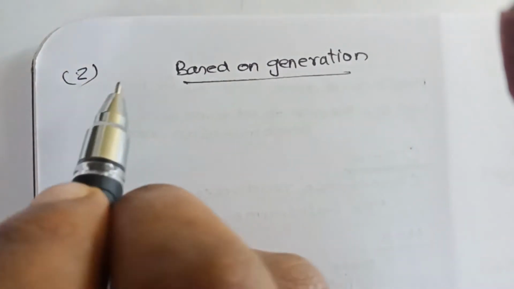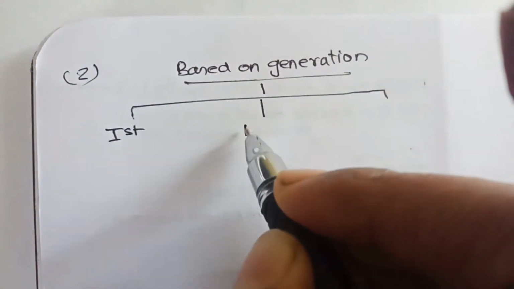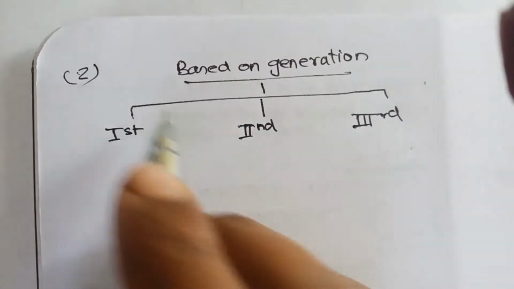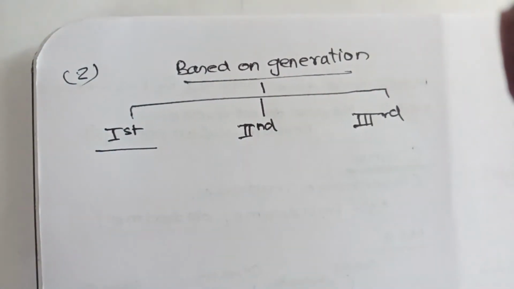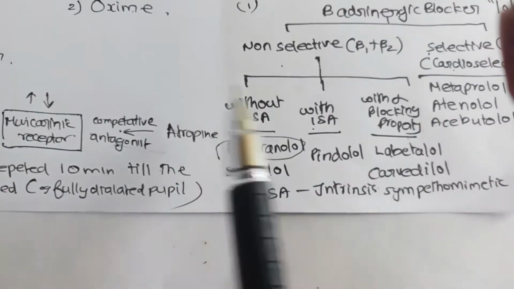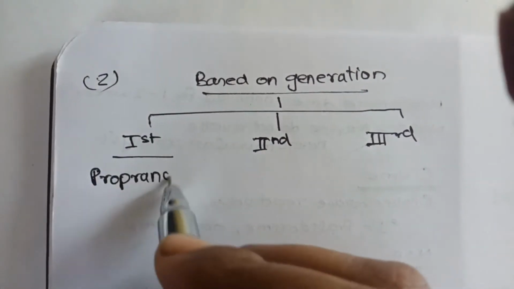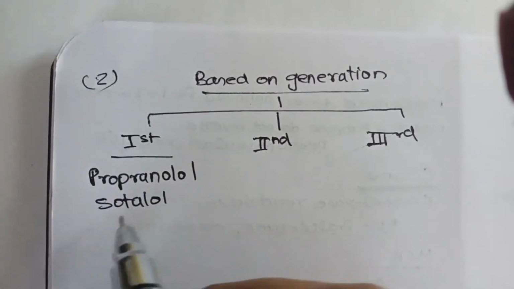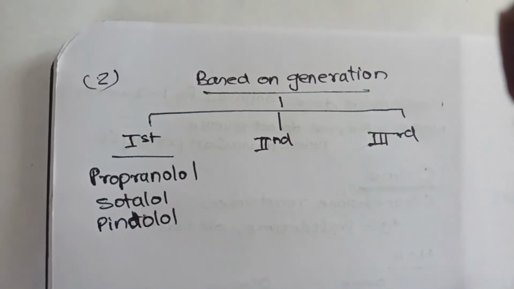We have three generations of beta blockers. It is easy to study this if you learn the first classification. Let us see how. Most of the drugs under the first generation are included in the with and without intrinsic sympathomimetic activity groups. They include propranolol, sotalol and also pindolol. So both classes come under the first generation.